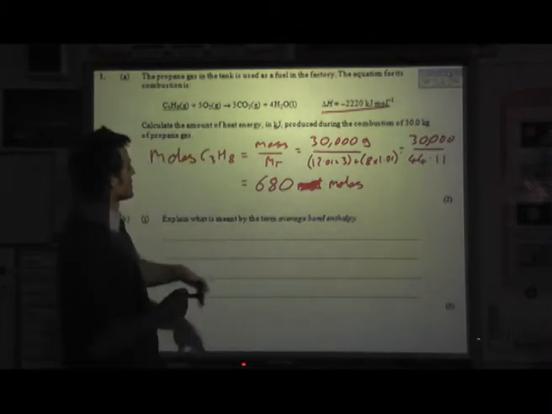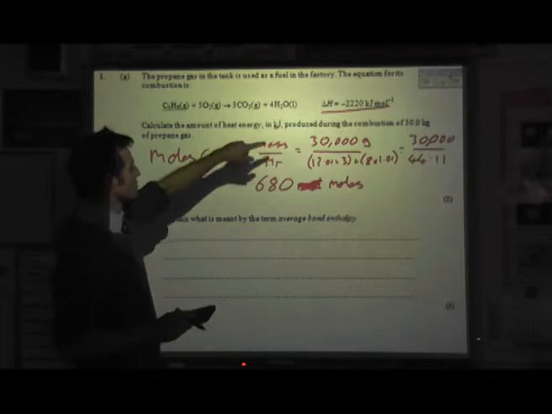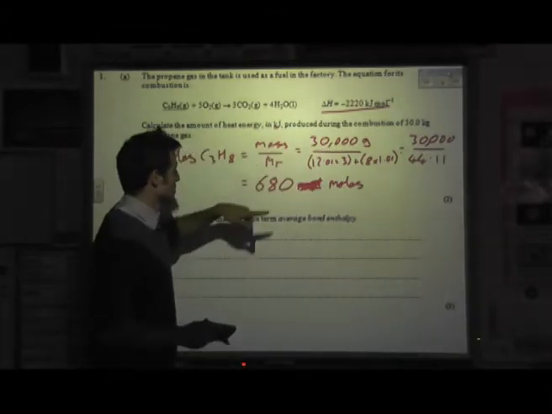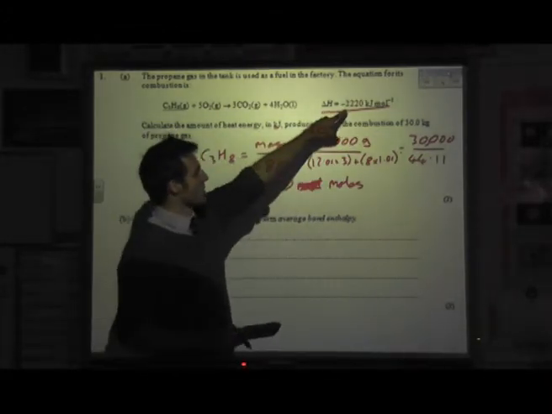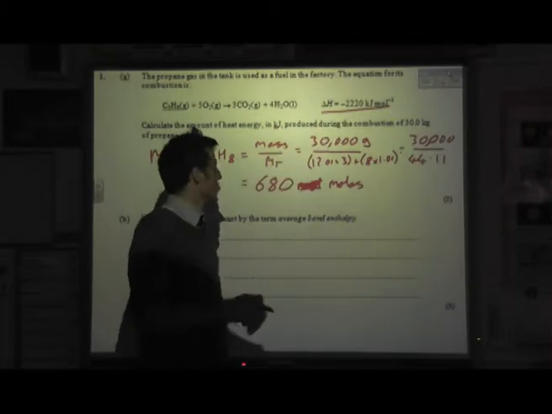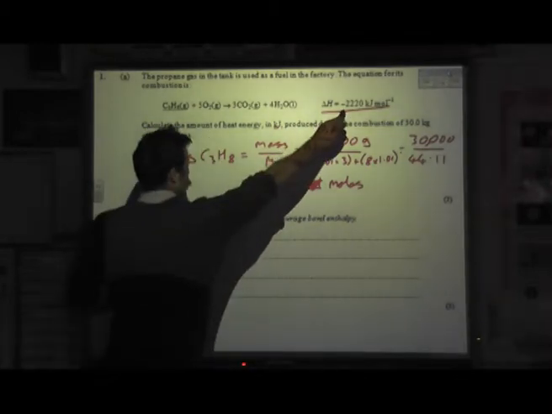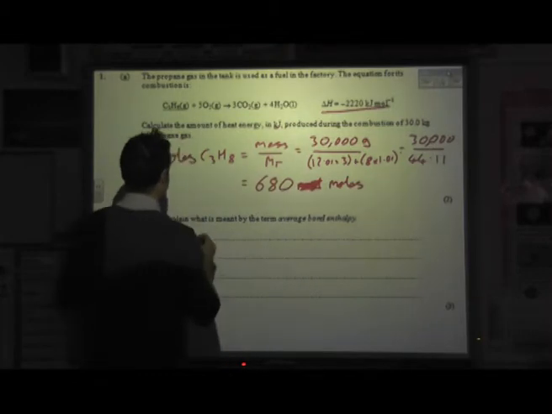The question wants us to know how much energy is produced when we burn 30 kilograms of propane. So if this is how many moles, and this is how many kilojoules for every 1 mole, then we have to multiply how many kilojoules we get out for 1 mole by how many moles we have.